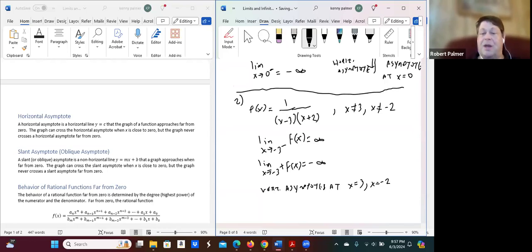The absolute value will get larger, the whole thing will get smaller. So we have a horizontal asymptote at y equals 0.